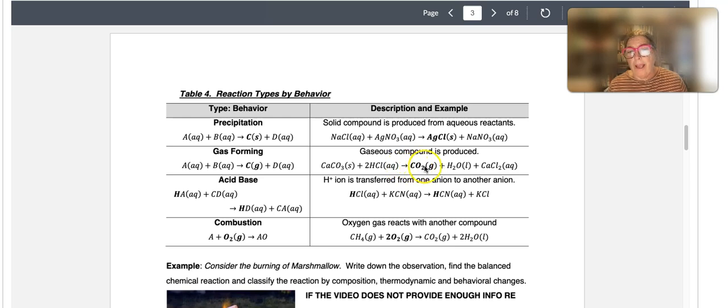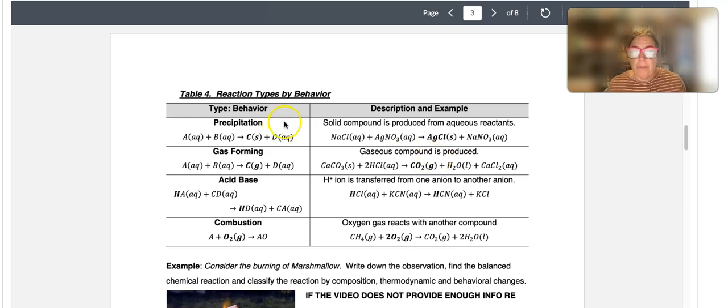Bubbles form, and the calcium carbonate reacts with the HCl, and carbon dioxide gas is formed. Some more water is formed, and calcium chloride, which is an aqueous salt, is formed. You can't see that one, but you can see the bubbles. So that gives you a hint that some gas was formed, and looking that it started as a carbonate, it's a good guess that carbon dioxide was formed.